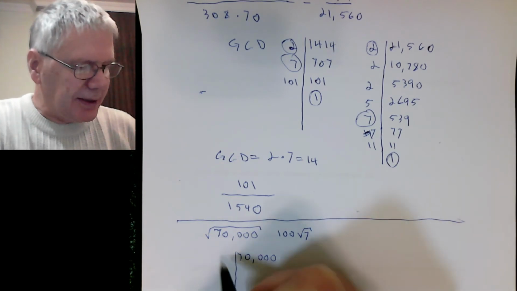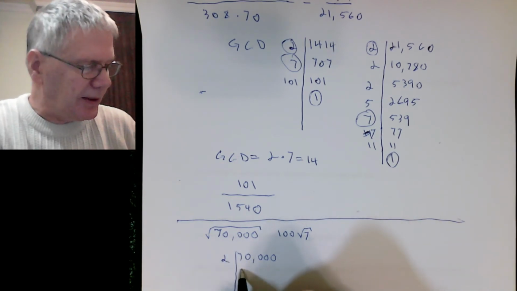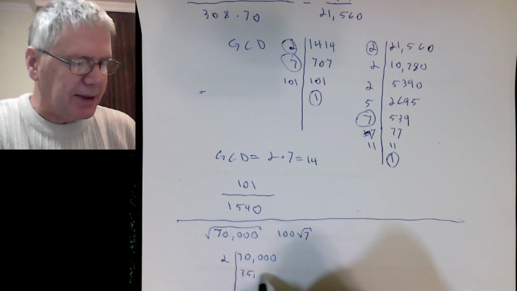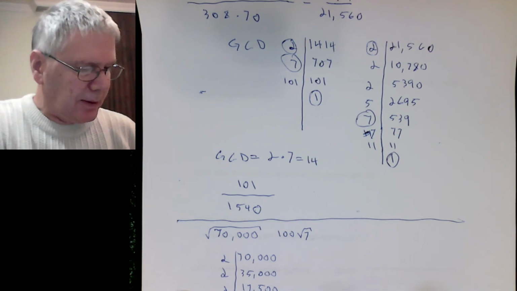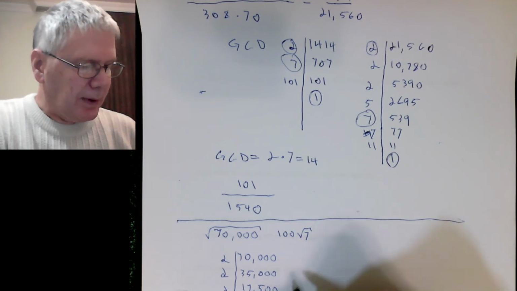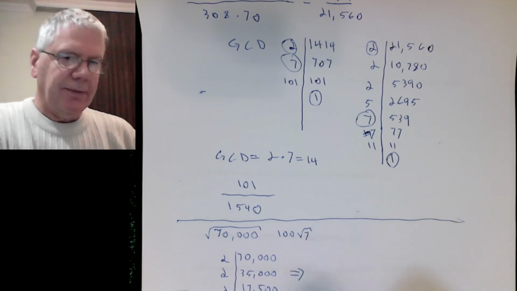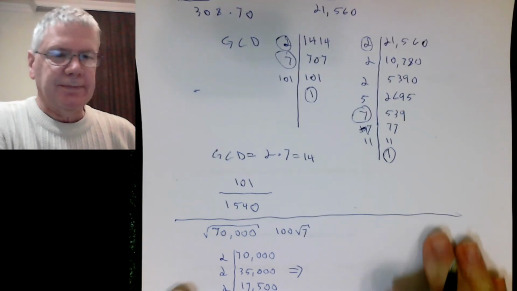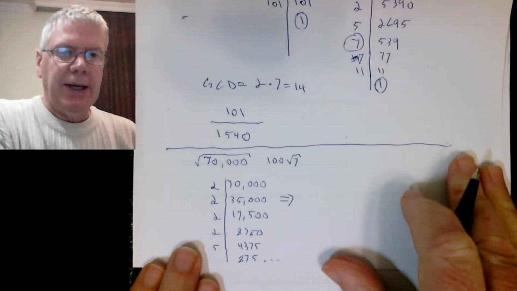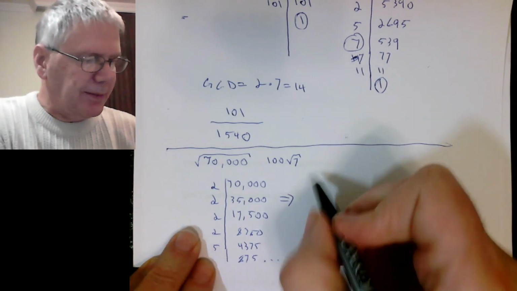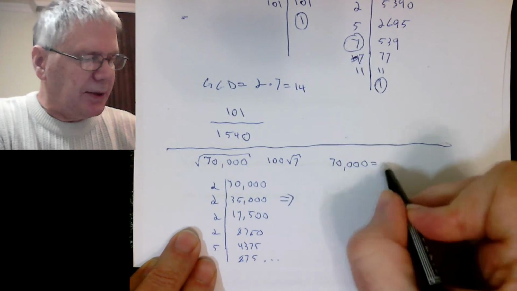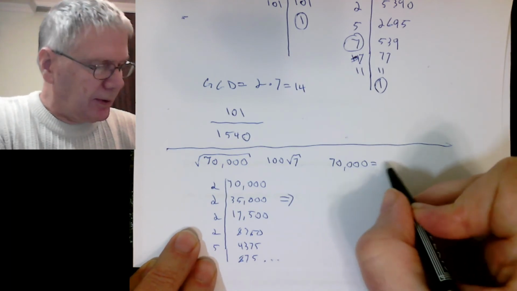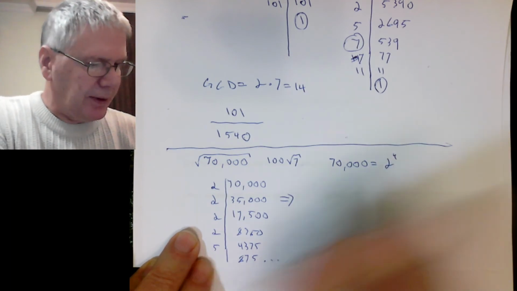Let's just find these factors. I'll do this again, fast forward. If we finish that, what we would get is 70,000 is equal to 2 to the 4th. There's my 4 2's.